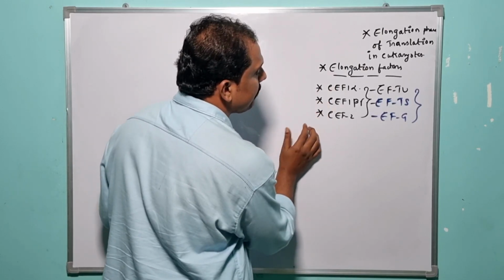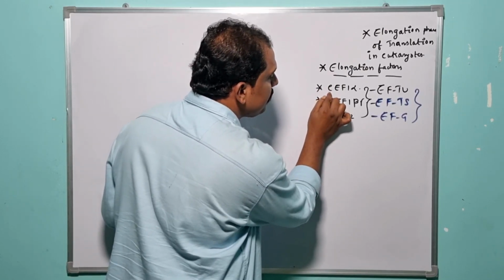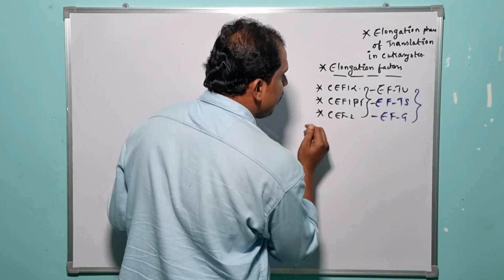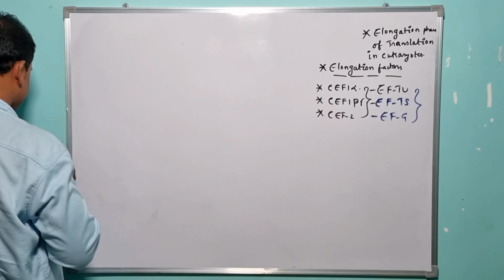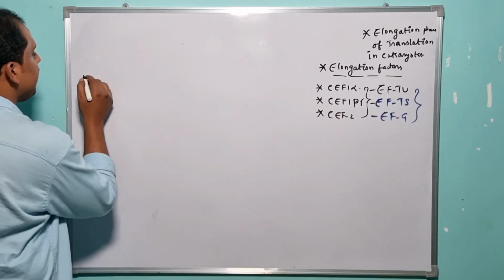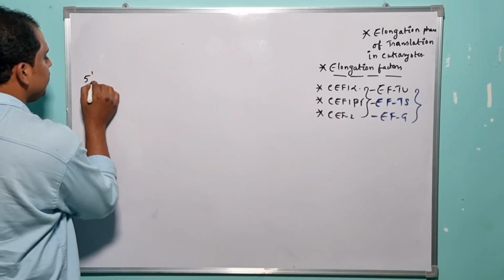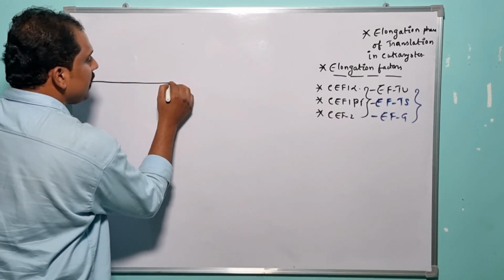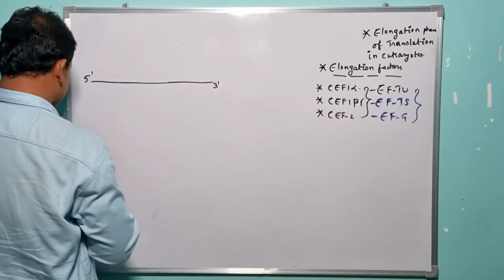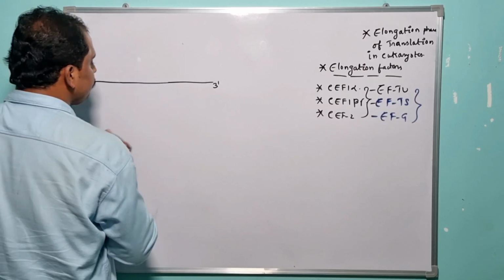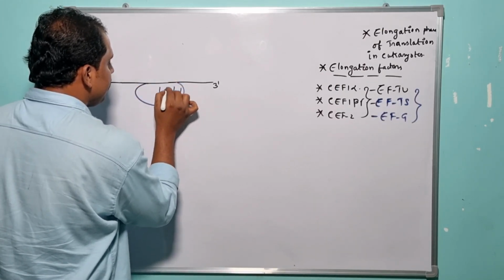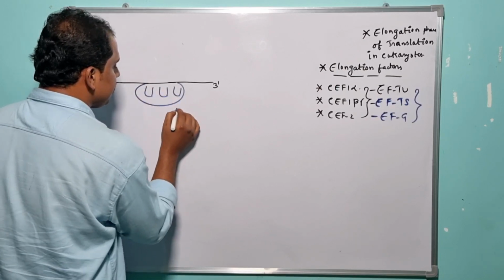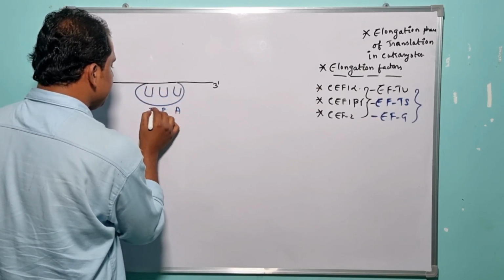Here, before studying the activity of each individual elongation factor in detail, at first let us have a look at the organization of the 80S pre-initiation complex. So this is the eukaryotic mRNA, and here the small subunit of the ribosome is recruited with its three respective sites: A site, P site and E site.